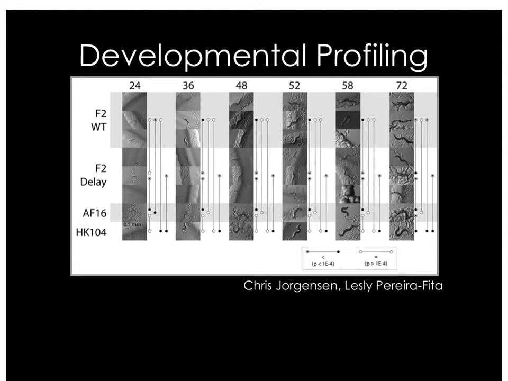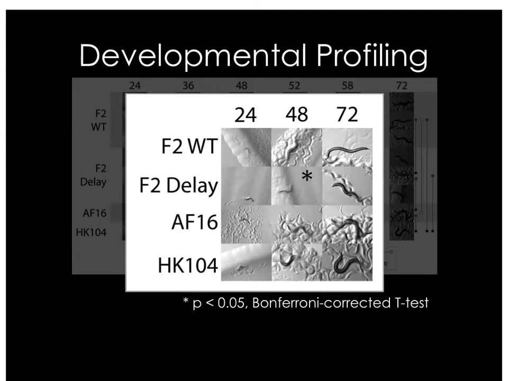We took individual micrographs of worms over large timescales with lots of worms comprising both F2 wild-type worms, their delayed siblings, and the parents. This was the red strain, and this is the blue strain, and compared length of development. Here's maybe a more useful blow-up image of a few of these individuals.